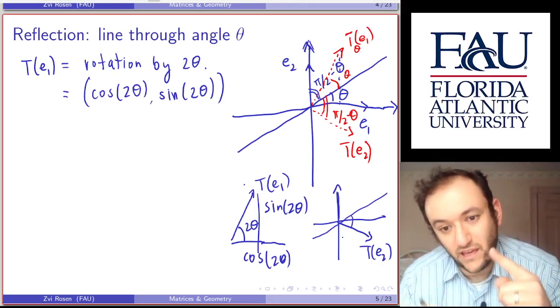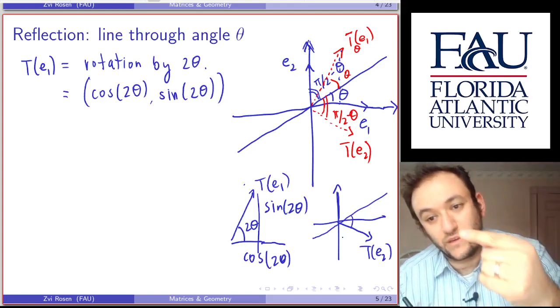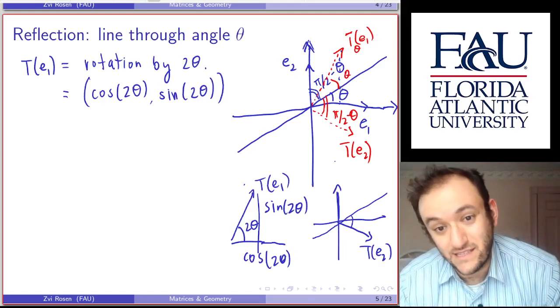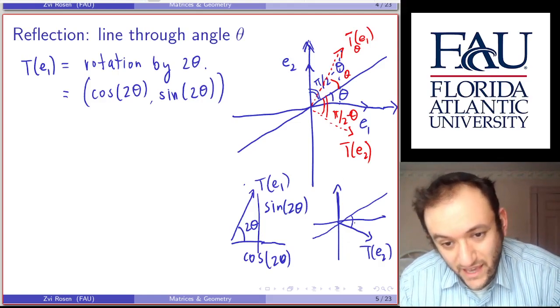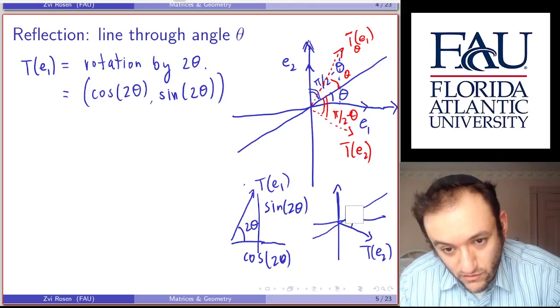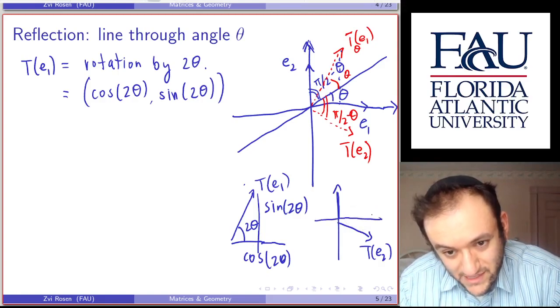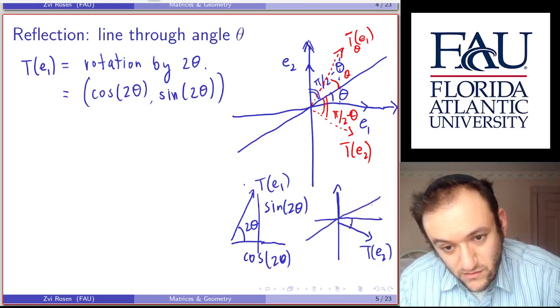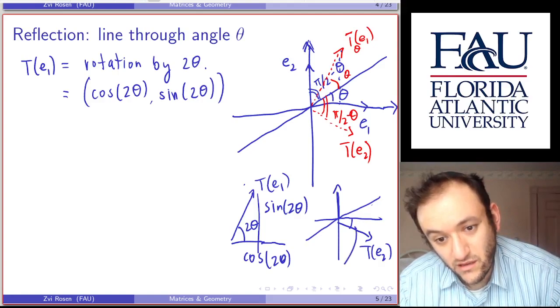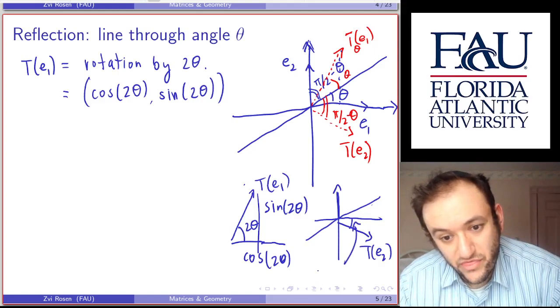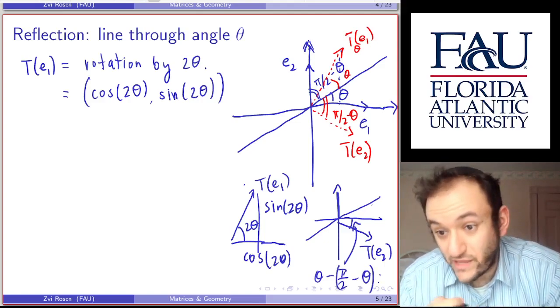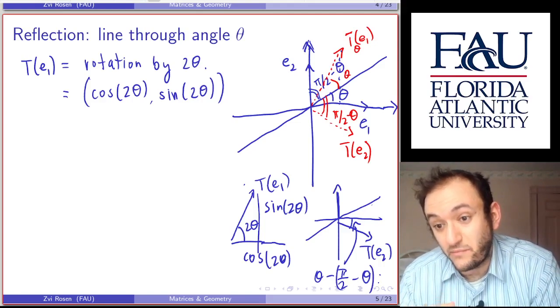So we start from an angle of theta, and then we subtract from it pi over 2 minus theta. I want the angle from the x-axis. So this angle is going to be theta minus pi over 2 minus theta. Okay, so another way of writing that would be 2 theta minus pi over 2.